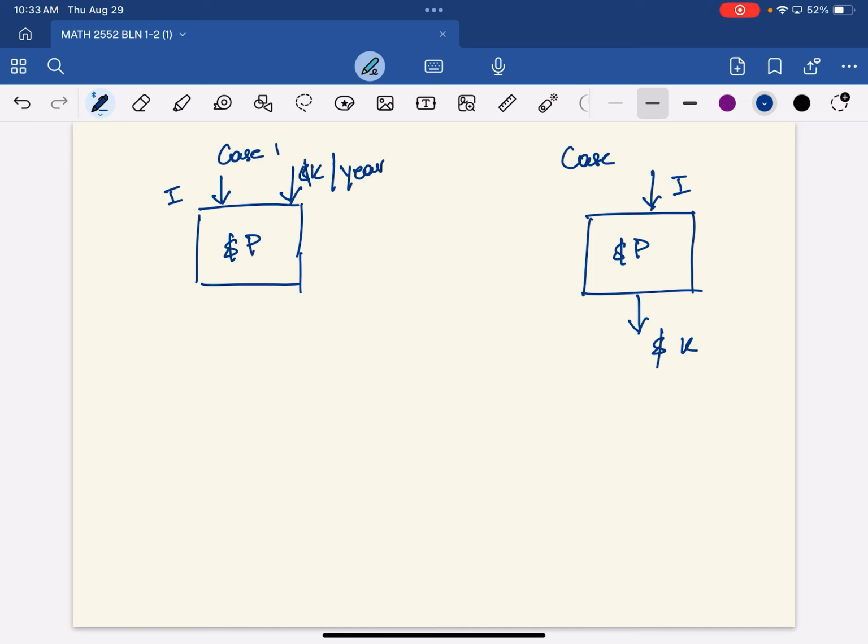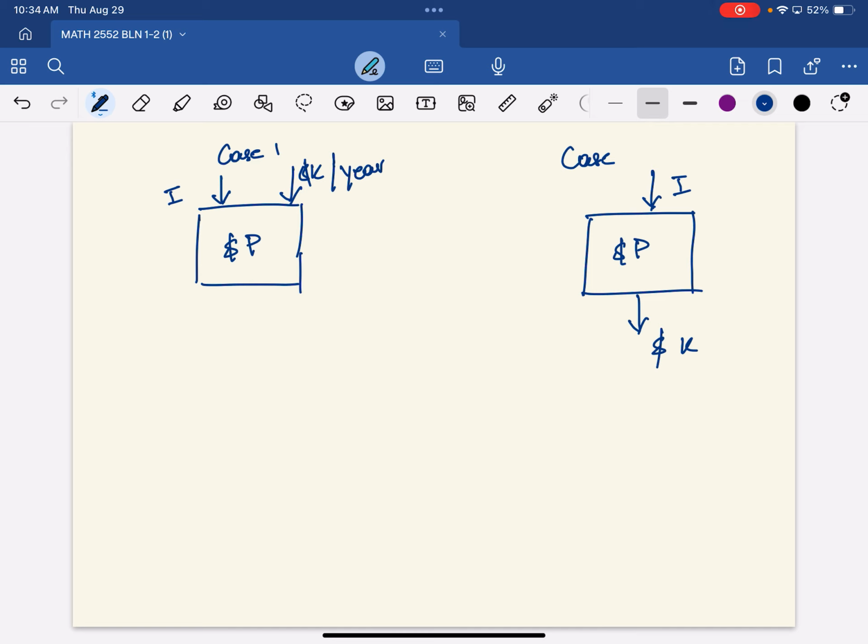Are you with me on that? If the interest is bigger than the expenses, then you will end up saving more money, or the money will overflow at some point. But if the interest is lower and expenses are higher, inflation is higher, then the outflow is more and the tank will get empty, which means the account will get to zero very fast. Are you with me on that?